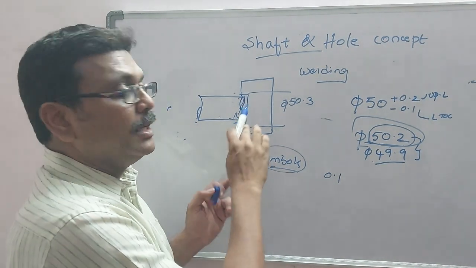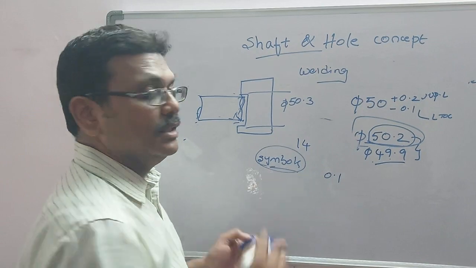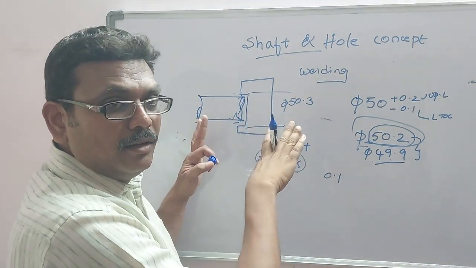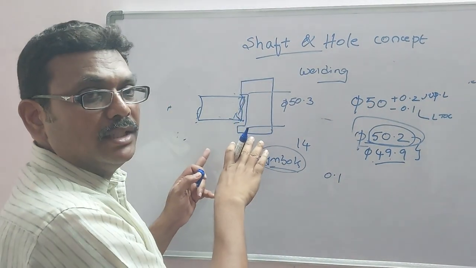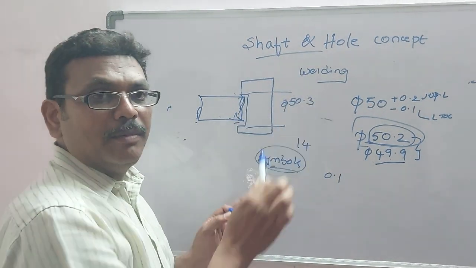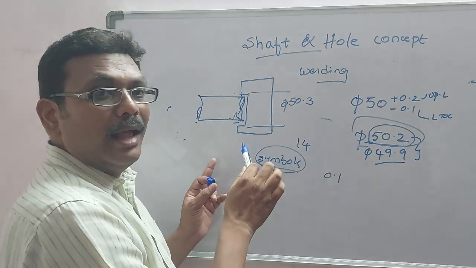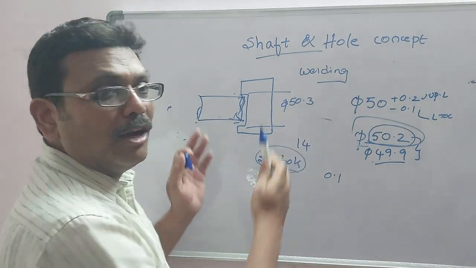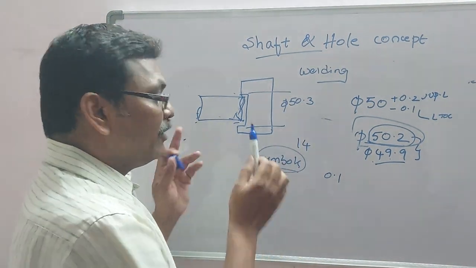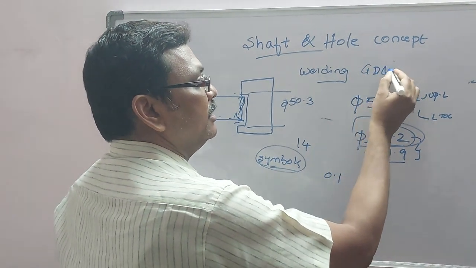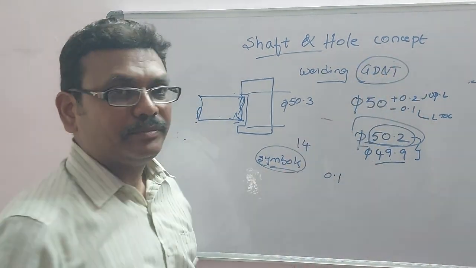So by using this set of symbols, like 14 symbols, we won't use all the 14 symbols in one concept. Depending on the application, the shape of the part and the profile of the part, we are going to apply some set of symbols to arrest the component, and that set of symbols we are going to use in GD&T.